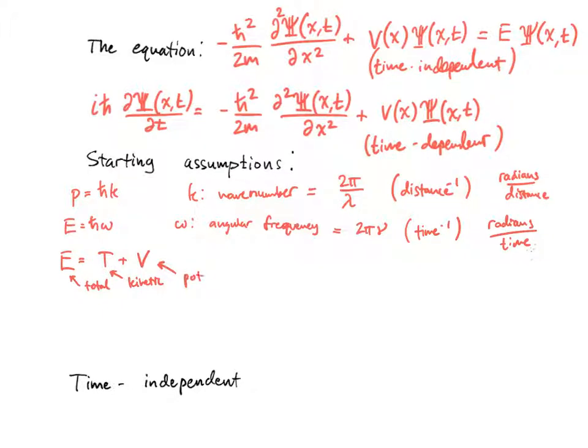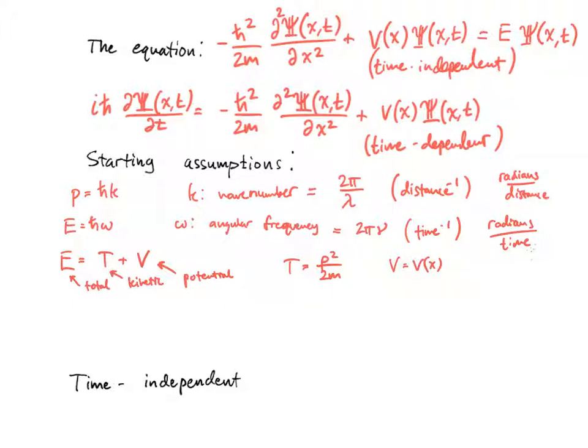And V is the potential energy. All right, so that's our next assumption. We're also going to assume that the kinetic energy, classically, equals the momentum squared over 2m, and that the potential energy is just that function of position that we saw before.